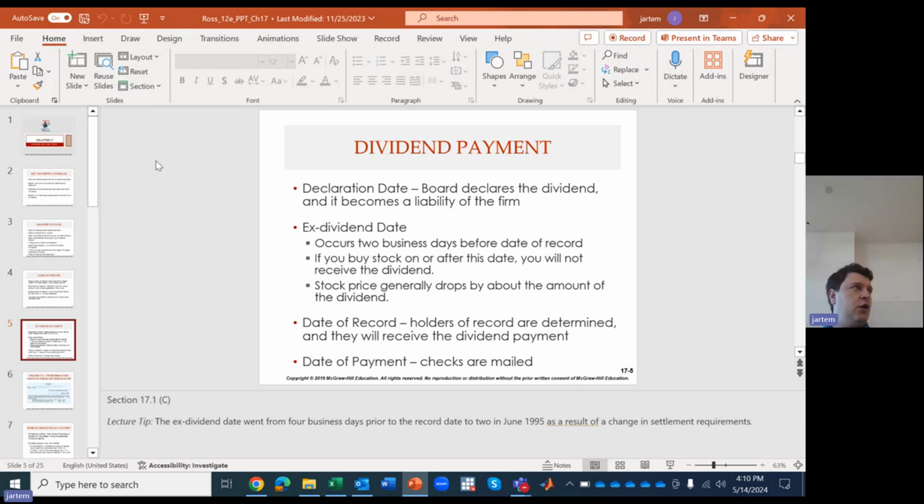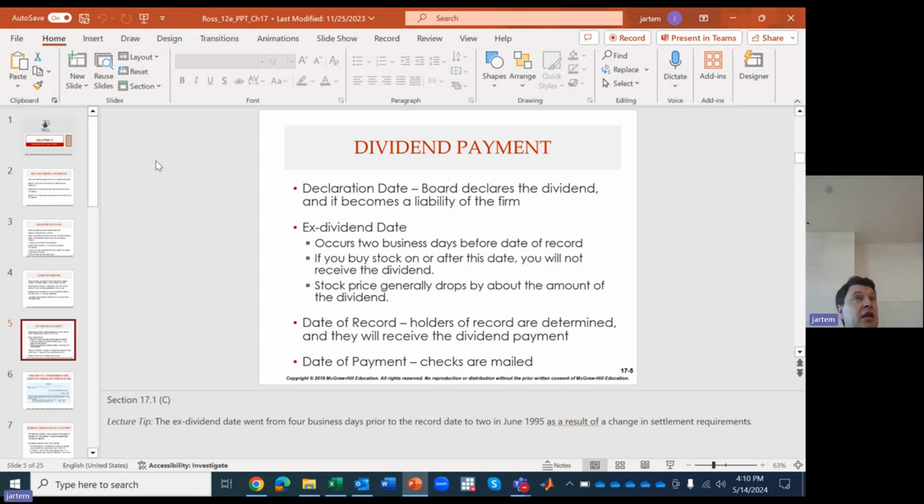But that's not true with stock. Whether you've held the stock for 5 years or 5 days, so long as you hold that stock prior to the ex-dividend date, you will be entitled to the dividend. So in some sense, the person that's been holding it for 5 years is not really as rewarded as the person that just bought in right away, right?